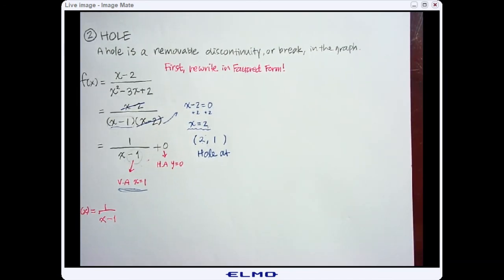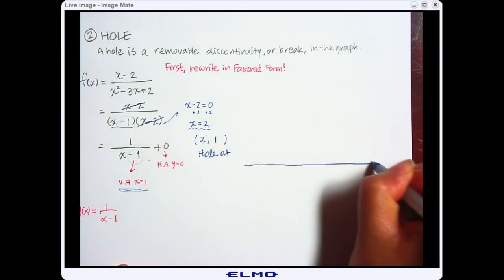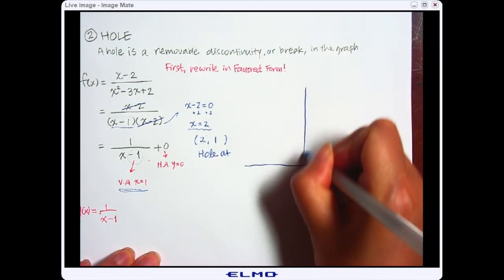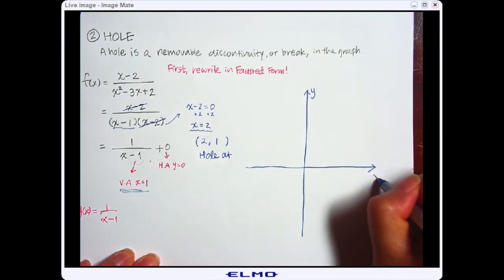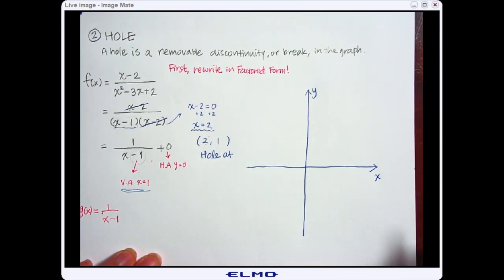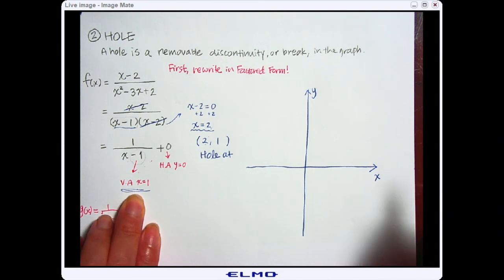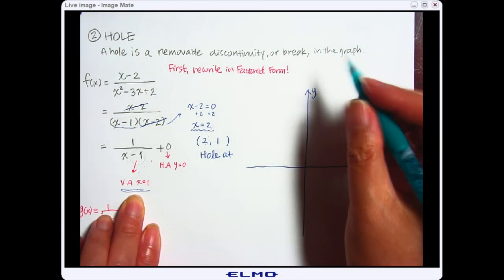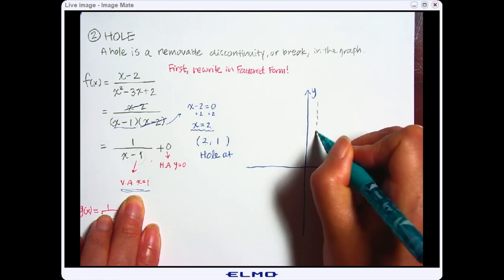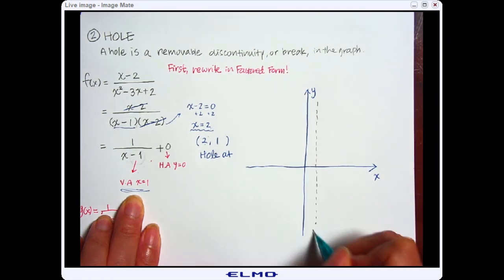Then when you graph it, label it with y-axis, label it with x-axis. Now, as we found earlier, the vertical asymptote is at 1. X equals 1 is a vertical asymptote.